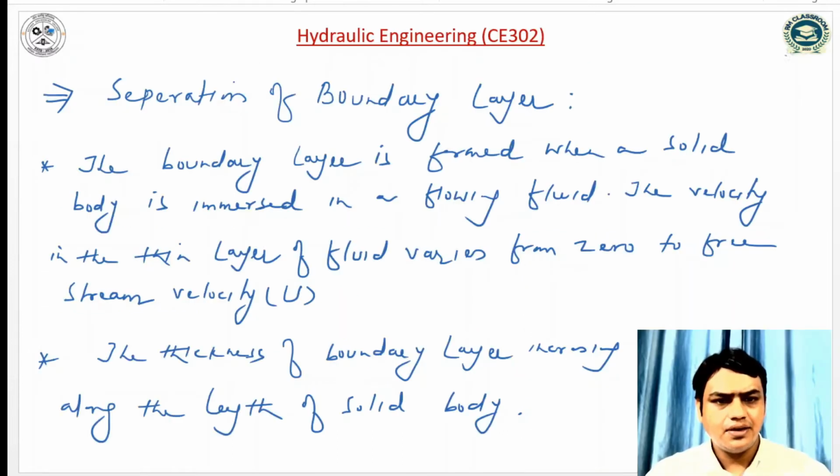So today I will discuss the boundary layer separation. When will the separation of the boundary layer happen? The boundary layer is formed when a solid body is immersed in a flowing fluid, and the velocity in the thin layer of fluid varies from 0 to free stream velocity, and the thickness of the boundary layer increases along the length of the solid body.